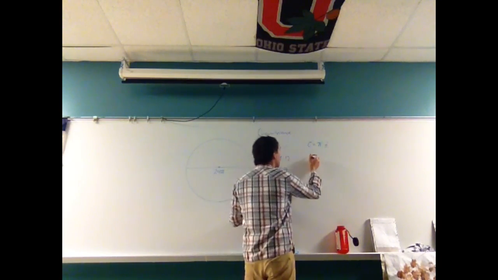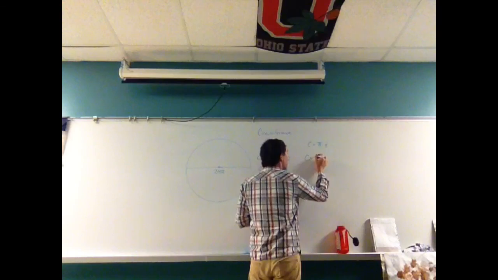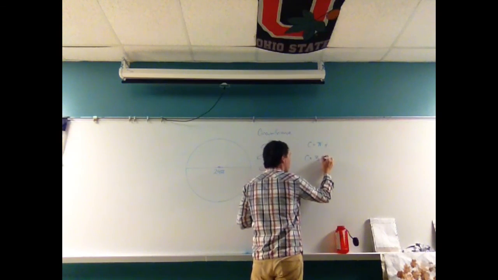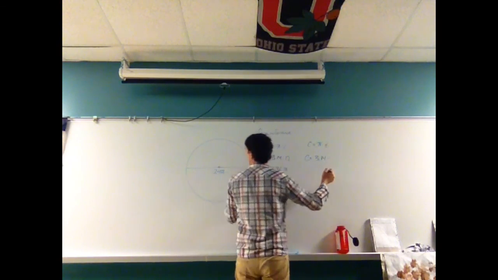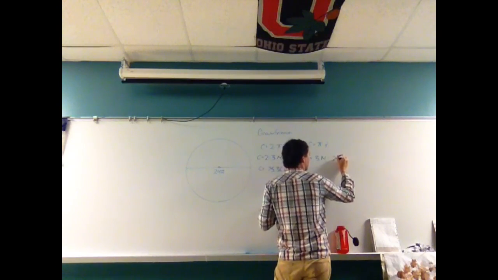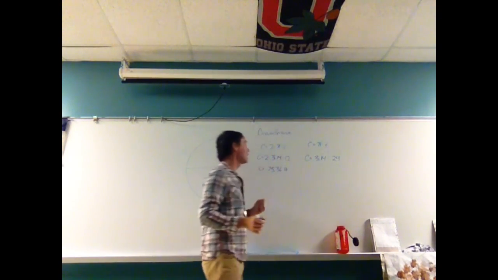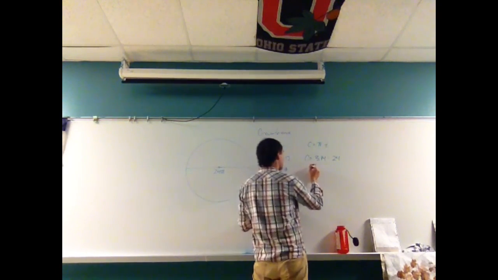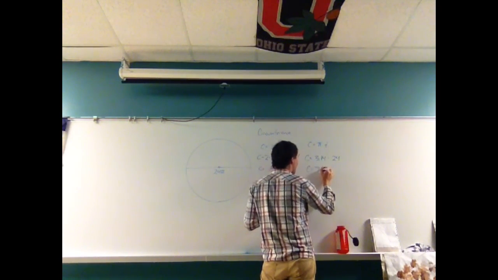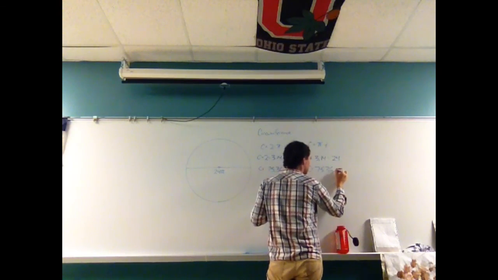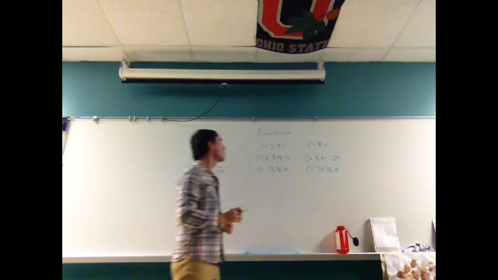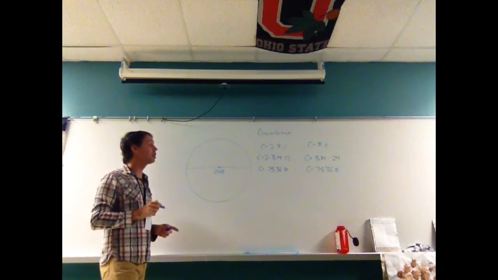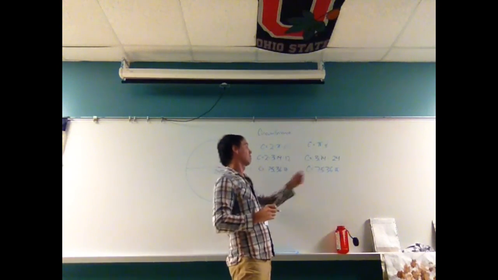So when I plug this one in, I'm going to do C equals pi 3.14 times 24. Okay? And in this case, if I multiply 3.14 times 24, I'm going to get the same answer of 75.36 feet.